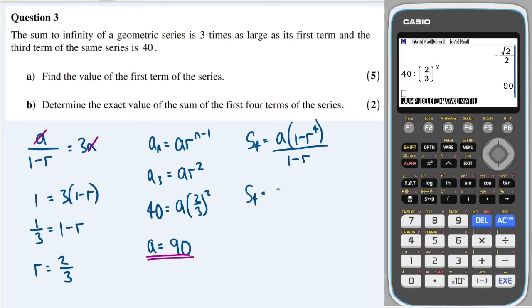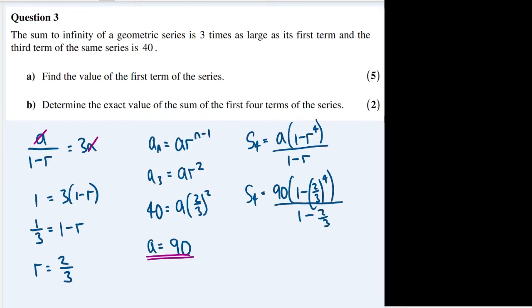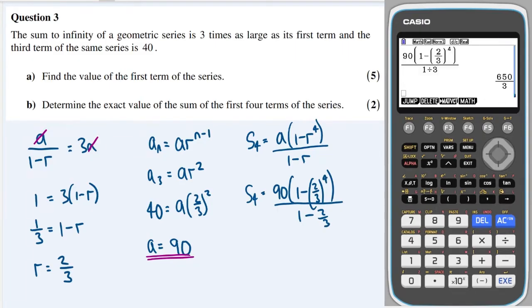So subbing in what we know, we have 90, 1 minus 2/3 to the power 4, over 1 minus 2/3. Okay, so that can go into our calculator. Putting that into our calculator gave me this. So therefore, S of 4 is equal to 650 over 3.